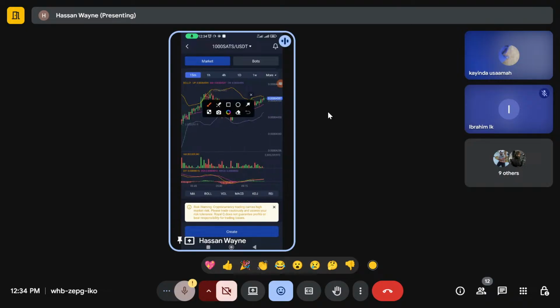So first of all, we have the lower Bollinger bands, the middle Bollinger bands, and the upper Bollinger bands. As we said, it uses squeeze and bubble. This is what we call squeeze, and this is what we call bubble.